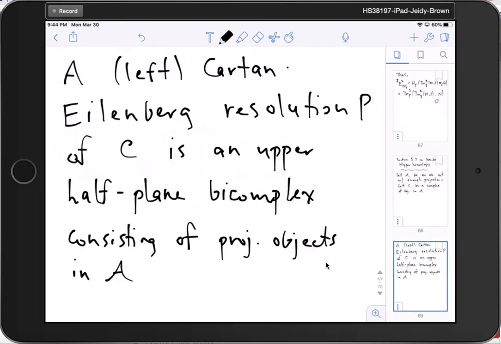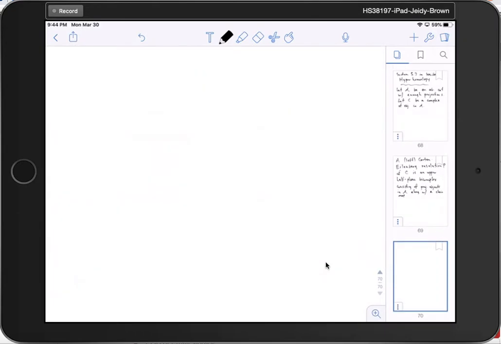So by that I mean all of the entries of the bicomplex are projective, along with a chain map from the bottom row of the bicomplex, namely P star 0, to C, which I'll call epsilon, satisfying the following.